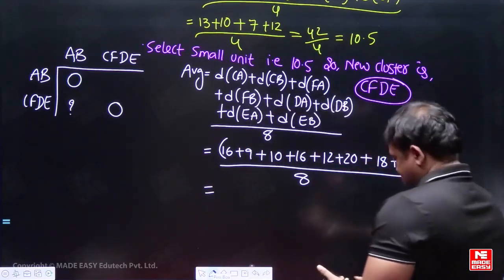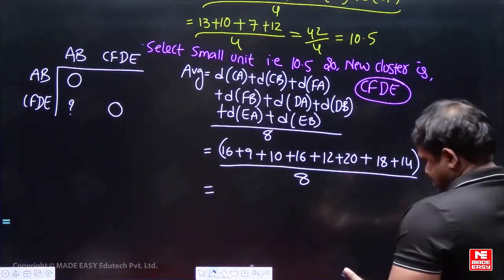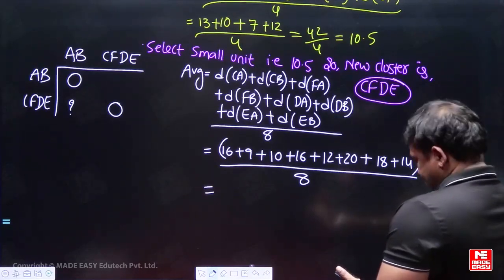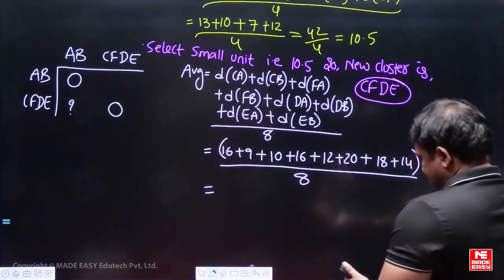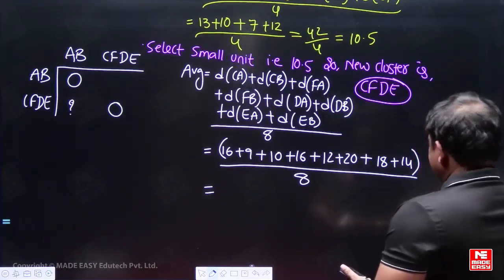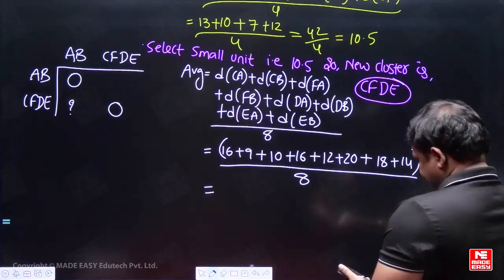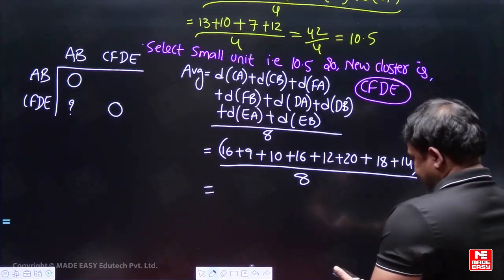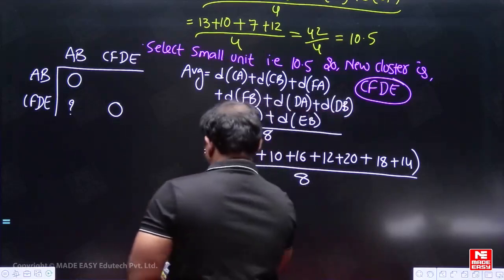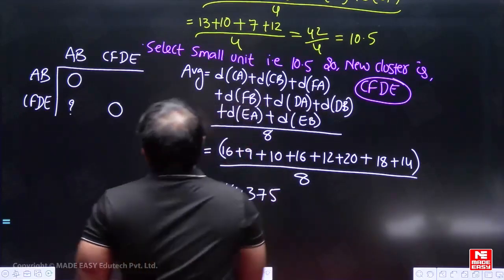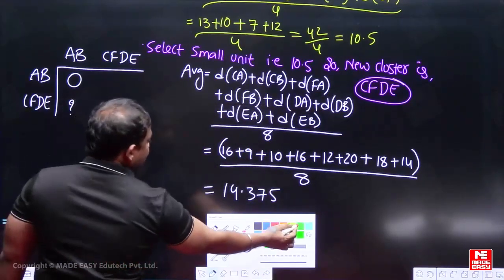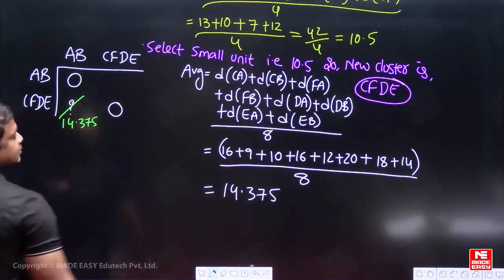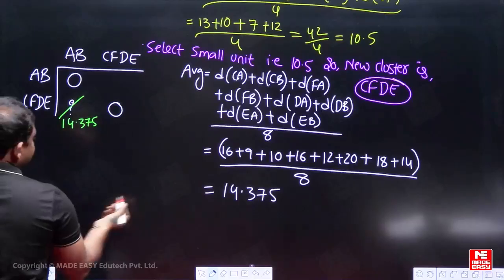Calculate the average: 16 plus 9 plus 10 plus 16 plus 12 plus 20 plus 18 plus 14, divided by 8, is equal to 14.375. So now this is changed to 14.375. That's it.